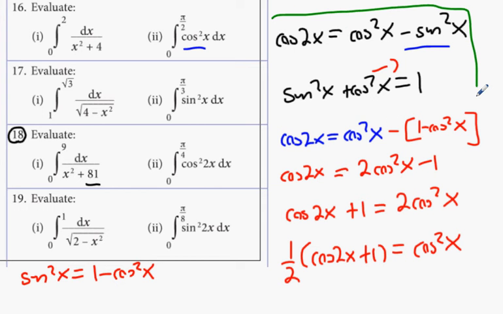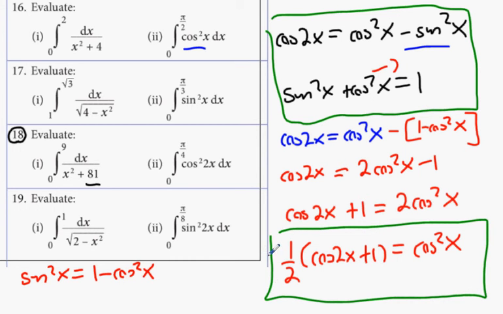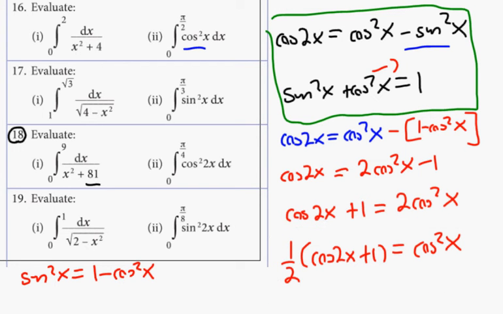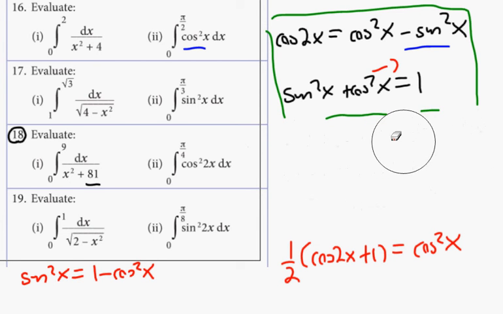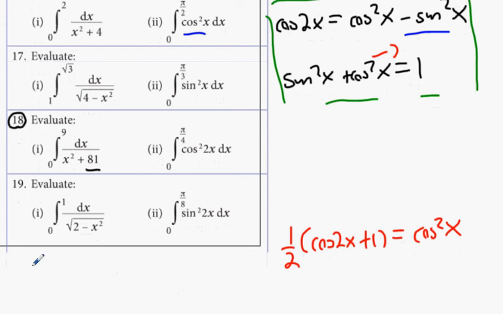Using these two rules up here, I was able to change them into this here. Now once you know how to make that, we're going to use this rule here, and we can do it for 17 part 2 first. So 17 part 2 wants the integral from 0 to pi over 2 of cos squared x dx.